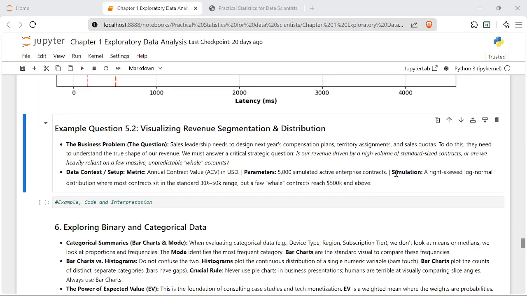But we are going to deliberately build in a long tail of rare whale contracts reaching almost 500,000 dollars or above. Let's dive in and see how we can use frequency tables and histograms to instantly expose the true shape of this revenue. Okay, let's start coding.